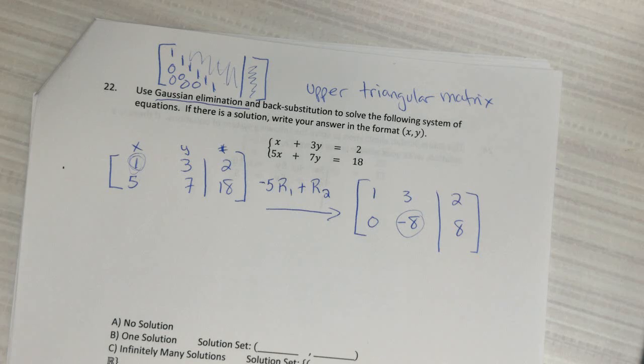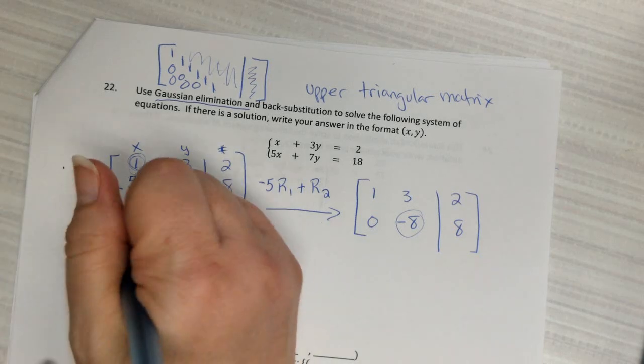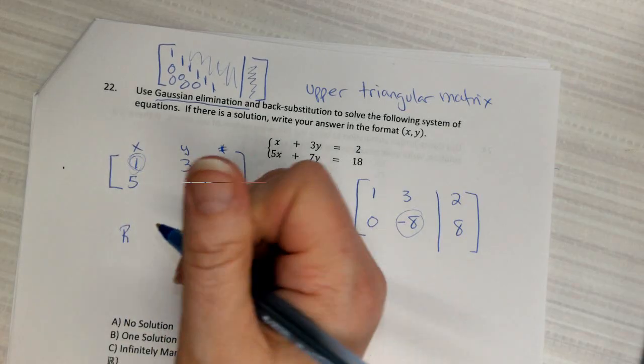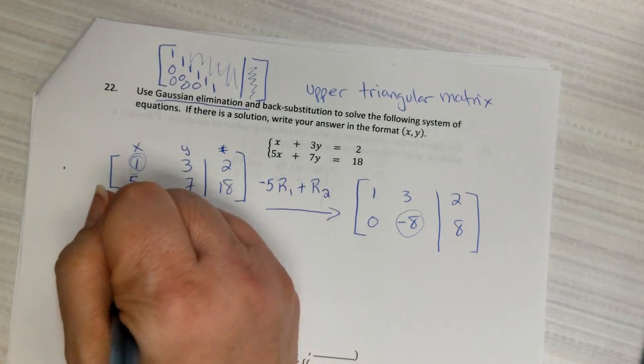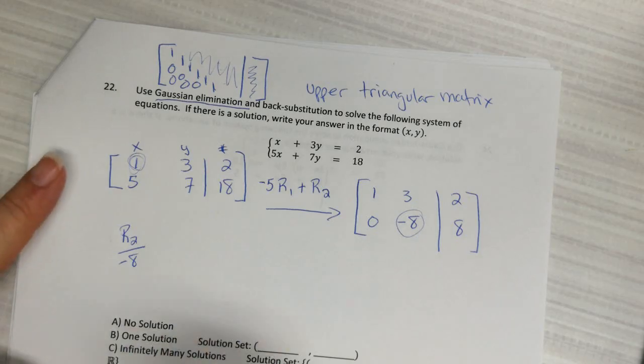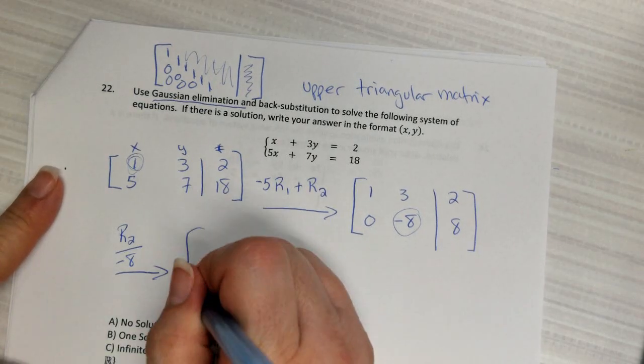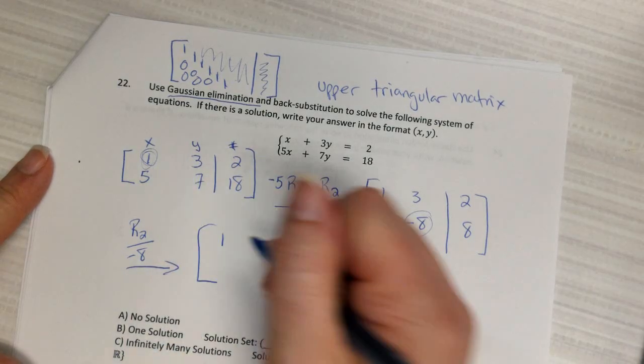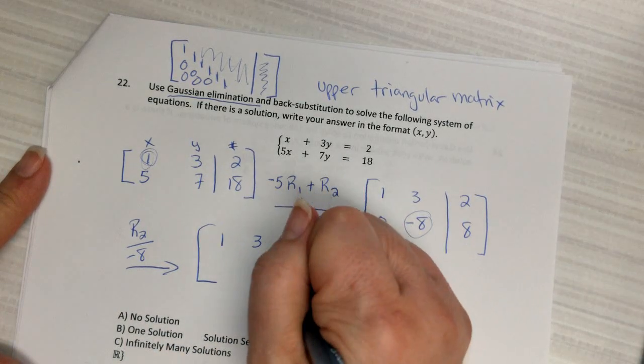Yeah, divide by -8. So I'm going to do row 2 divided by -8, basically. It's my next mission. So the first row doesn't change again, so I have 1, 3, and 2.